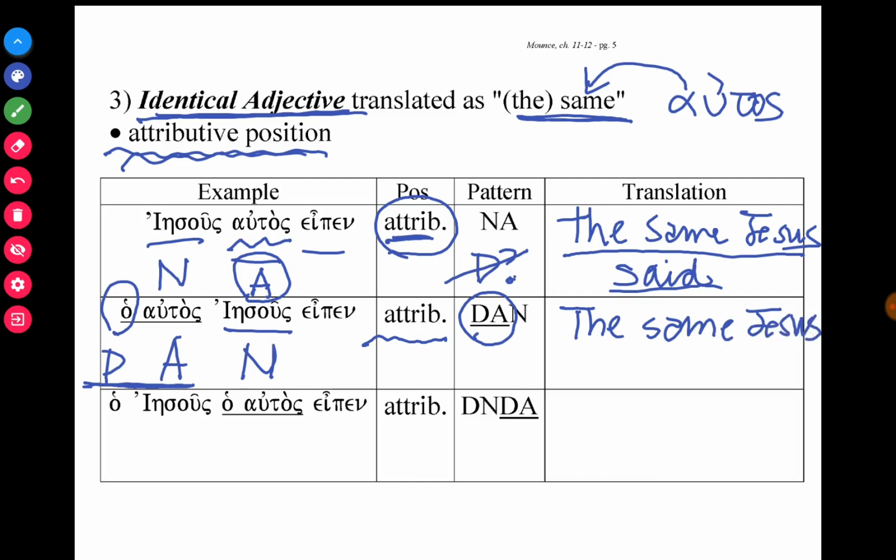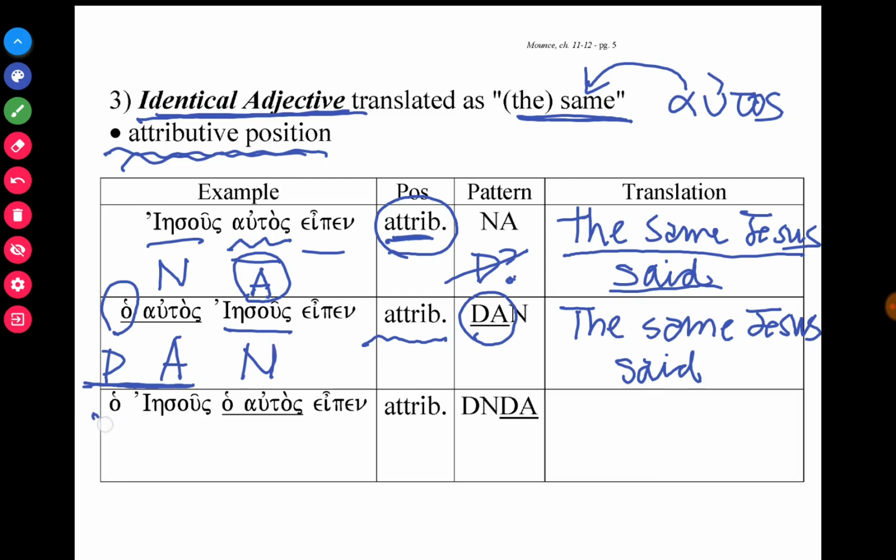And we can say the same Jesus said one more way, as long as the article and the pronoun are adjacent to each other, and therefore the pronoun is what we call in the attributive position in the sentence, we can translate this the same way.